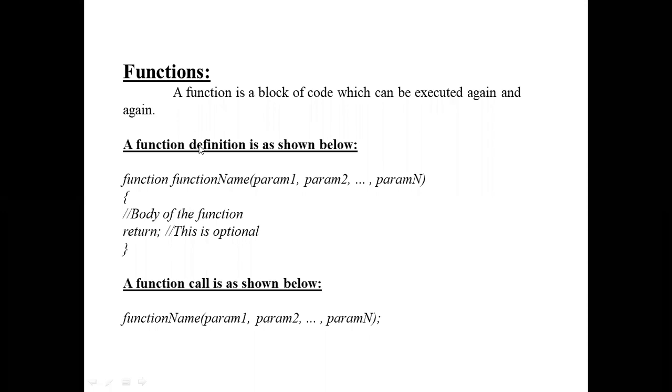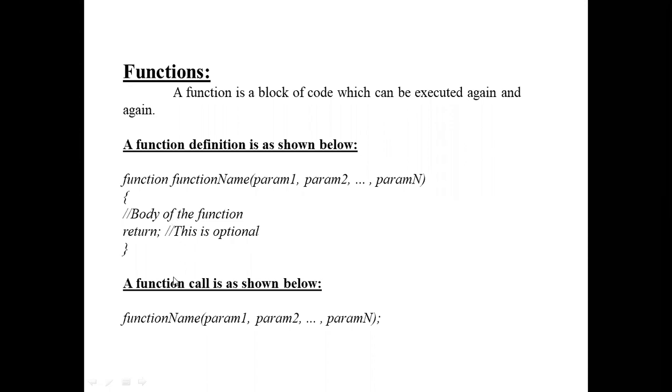So a function definition consists of a function header and the body of the function. The function header consists of the function keyword, function name followed by parameters enclosed in brackets. The second one is the function body, which consists of a set of statements that are executed whenever the function is called.